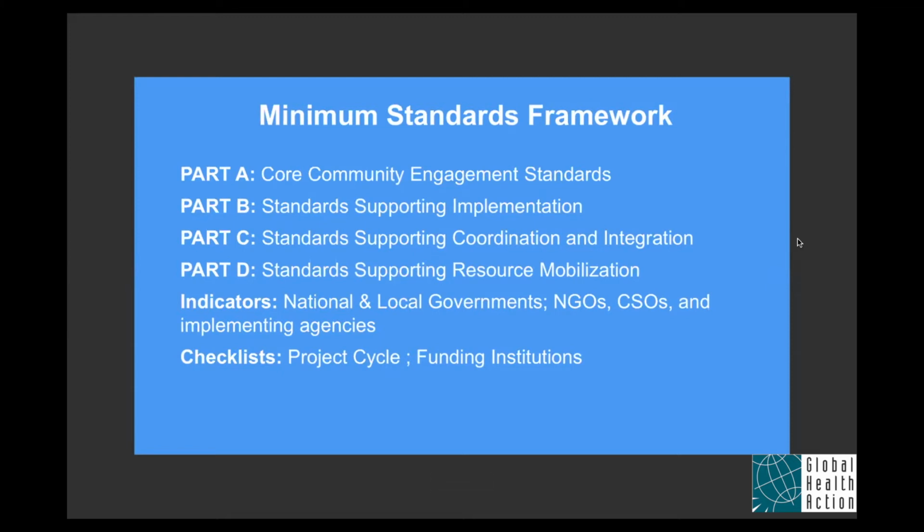And this is the uniqueness of the framework. The framework was finally agreed to have four specific parts. The core of it is part A, which looks at the core community engagement standards. What do we say are our core commitments and what we want to do? Then parts B, C and D are unique in talking about the implementation modalities.